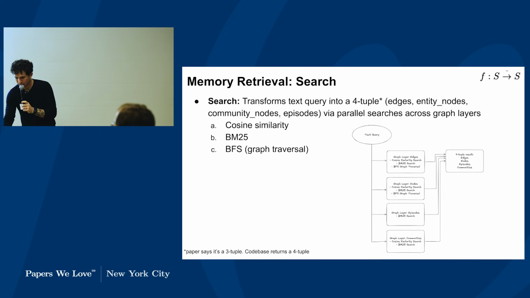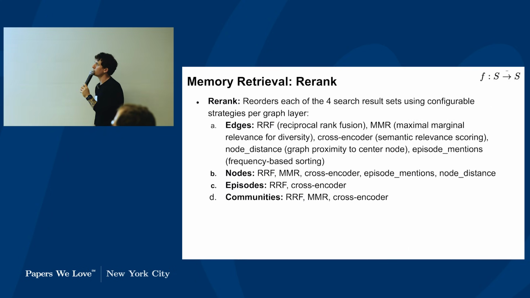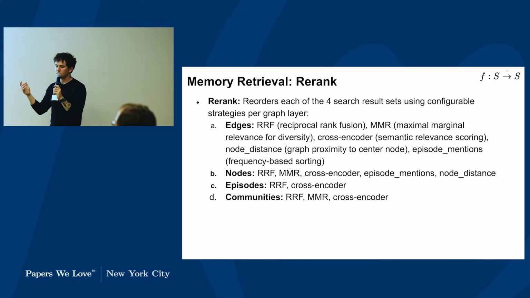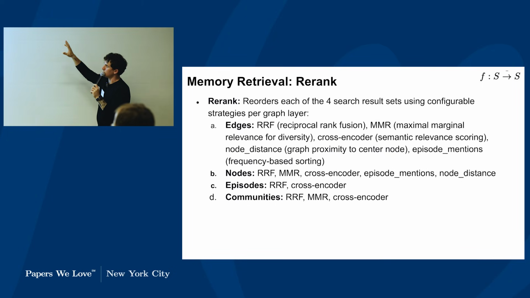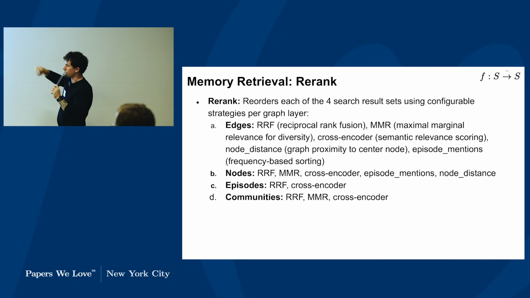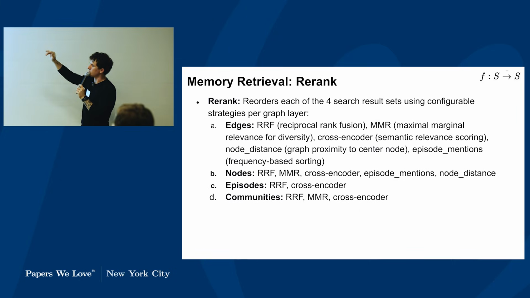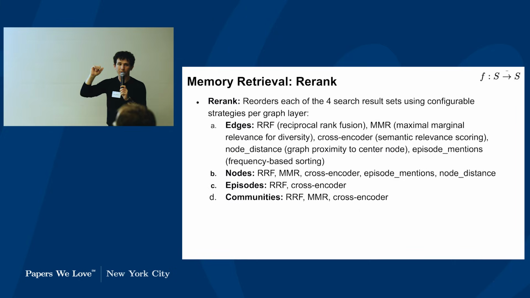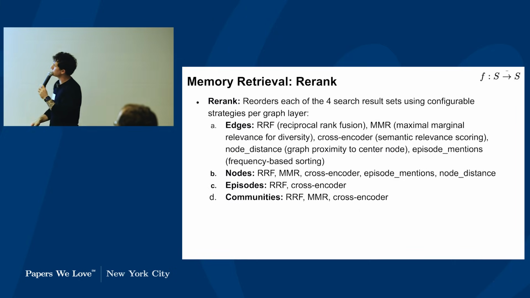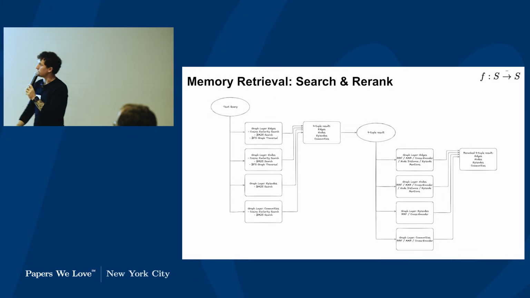Cool. All right, so from there we go to re-ranking. This reorders the 4 search results from the prior step. Each has its own approach as defined in the paper. Edges, nodes, episodes, and communities are all re-ranked differently using different approaches, and we do these in parallel as well.